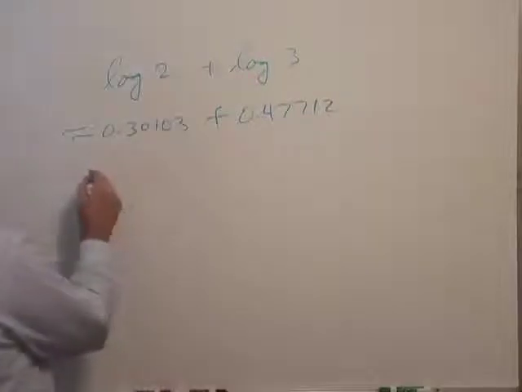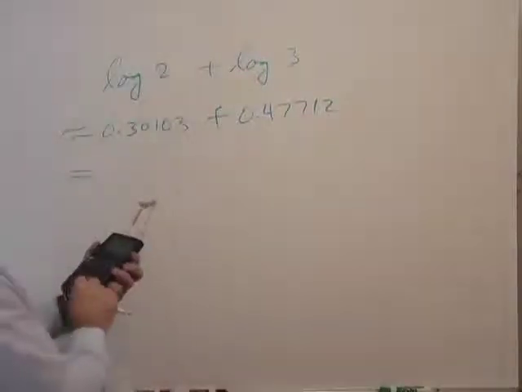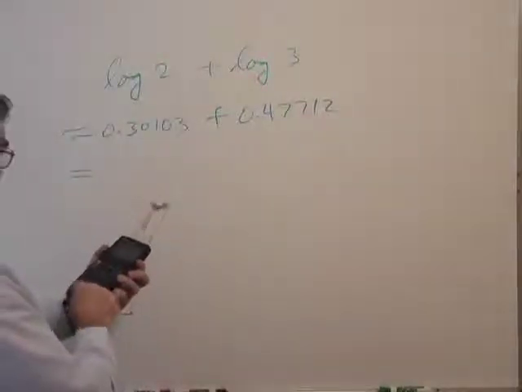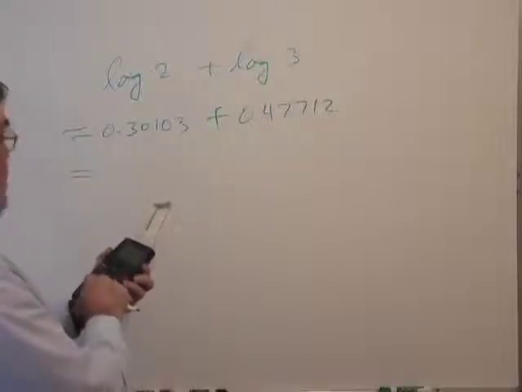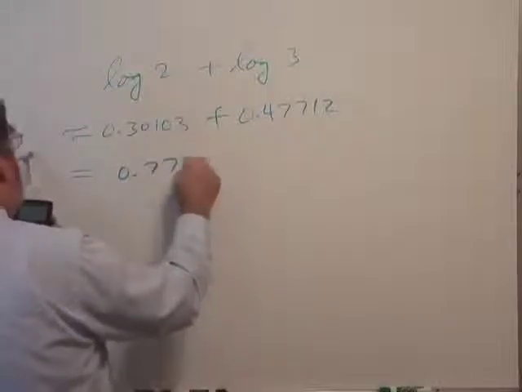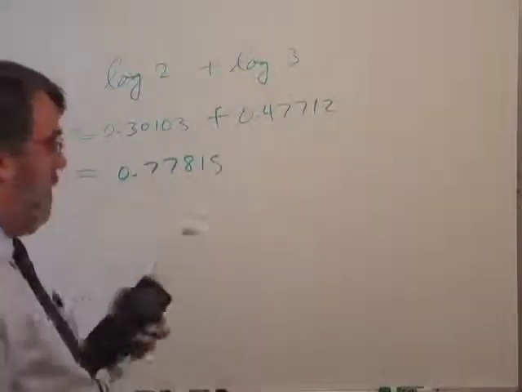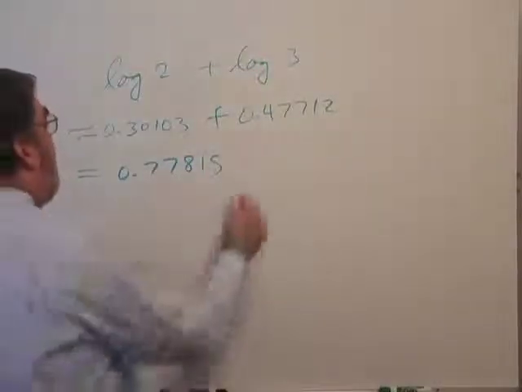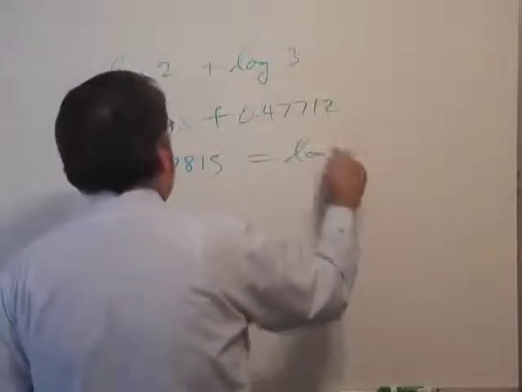All right, so this adds up to, let's see, 0.30103 plus 0.47712 is 0.77815. Now, it turns out that that is the logarithm of 6.